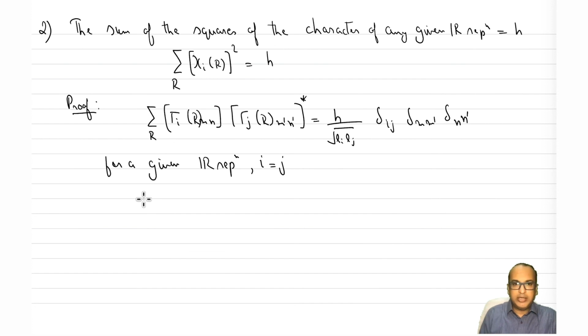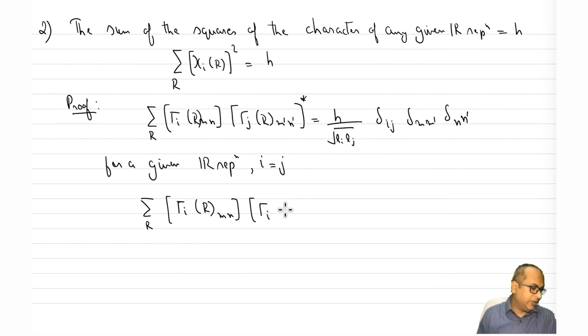So let's do that. So what we will get is summation over all R of tau i of R, mn, tau i of R, m' n', and let's drop the star here because we are not considering any complex conjugate, or if there is a complex conjugate you can consider the star, doesn't matter here.